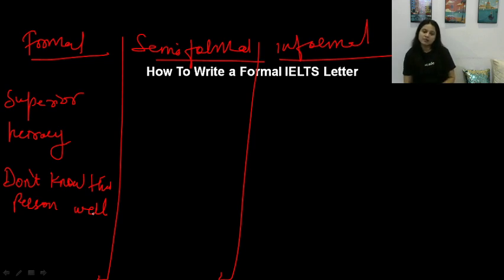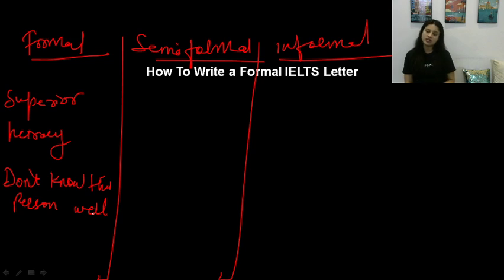Okay? So some students usually have a confusion that a formal letter is written to anyone who's a stranger. No, you can write a formal letter to someone that you know, but you don't have a deep relationship with them. You just know them in a professional relationship. Now, secondly, with this person to whom you're writing a formal letter, you need to have a hierarchical relationship.